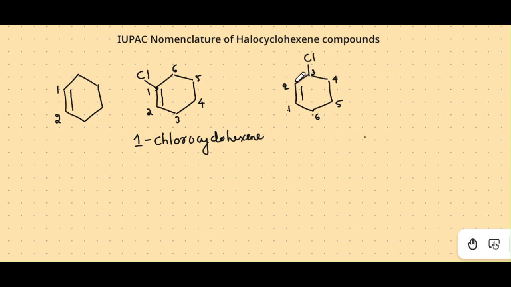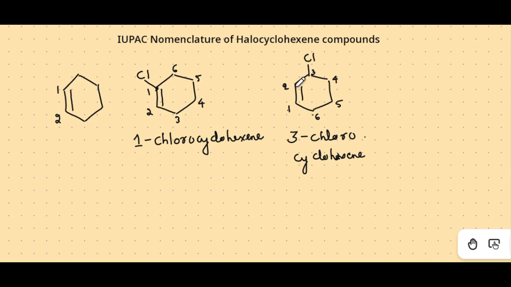Suppose if I number from here 1, 2, 3, 4, 5, 6 would be the number. 6 is greater than 3. Therefore, we are choosing the least possible number here and that is 3. Therefore, the name of the molecule is 3-chlorocyclohexene.